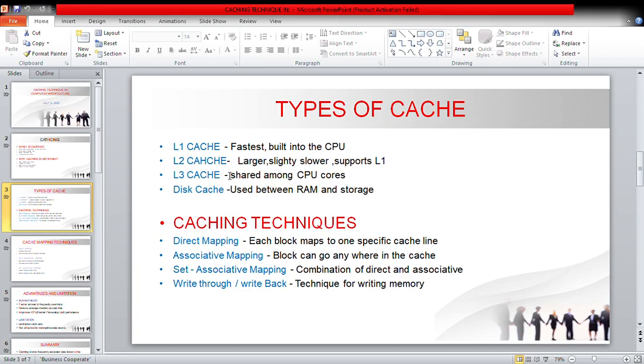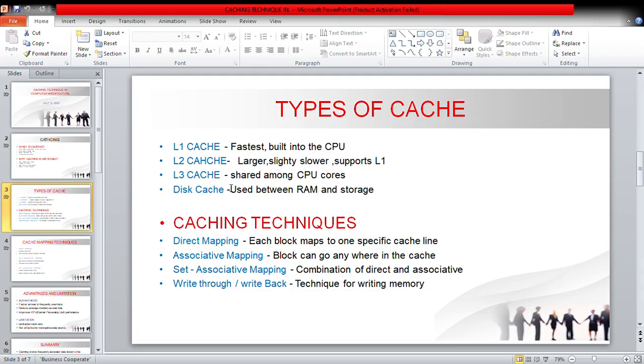The L1 is the fastest, built into the CPU, often split into instruction cache and L1 data cache, integrated directly into the CPU core. The L2 cache is larger than the L1 but slightly slower, and can be on-chip or near the CPU. It is larger, slower, and supports L1.